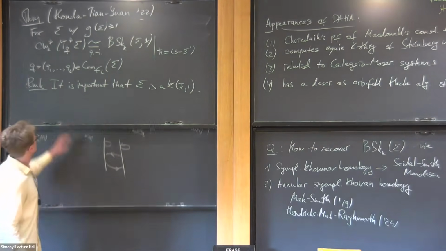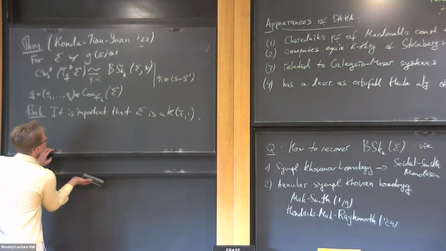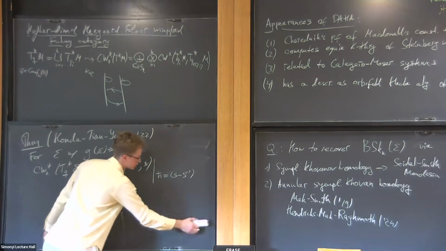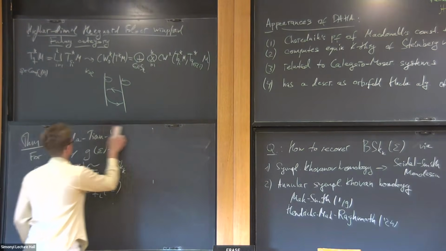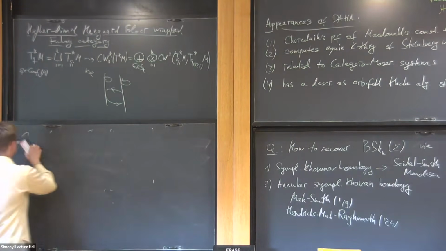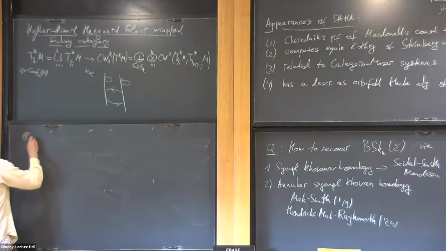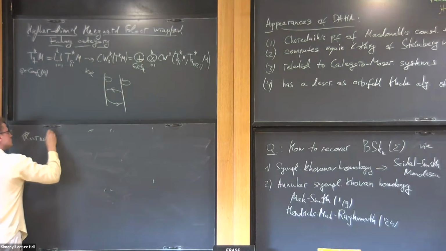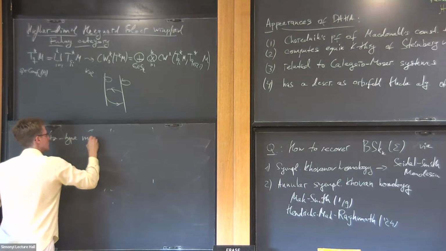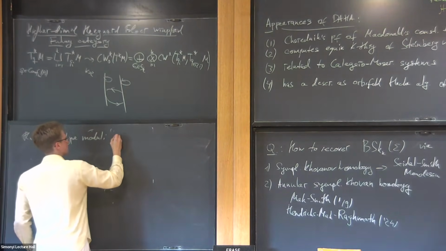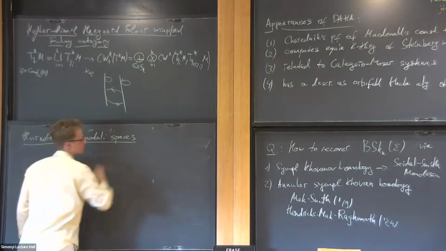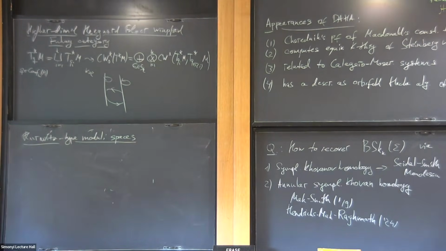Now, to count the A-infinity operations, we first introduce our moduli spaces of domains, which are Hurwitz-type moduli spaces, because they are basically spaces of certain k-fold simply branched covers.